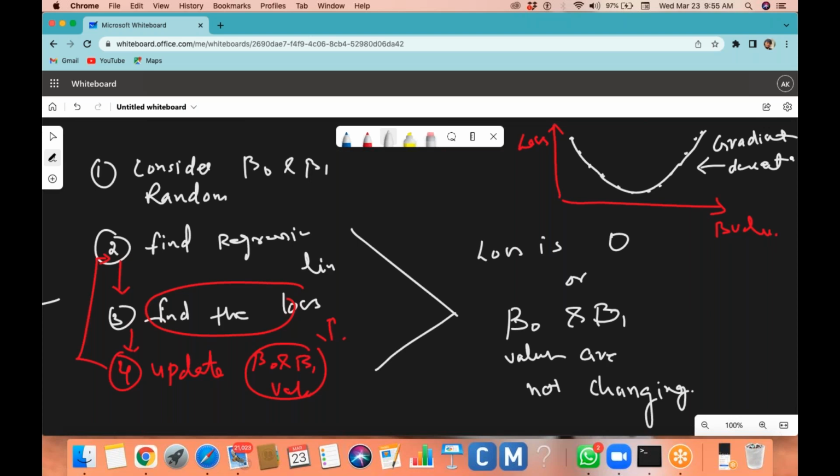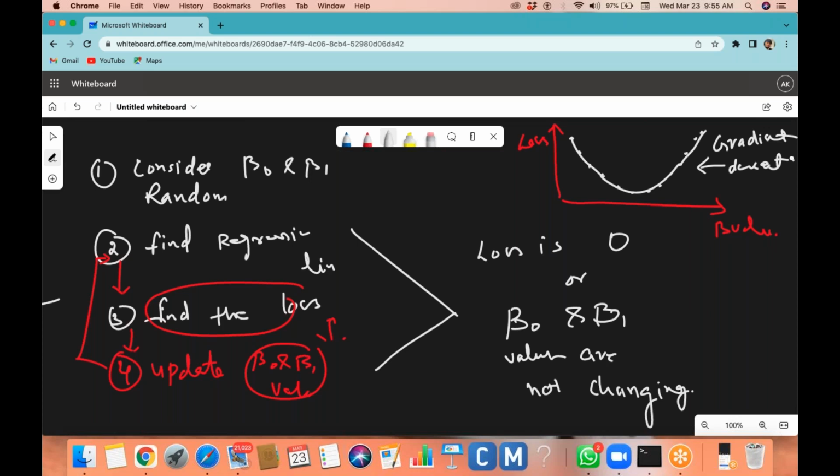You need to remember, guys, mainly simple linear regression or multiple linear regression works with this particular formula. Initially, we consider the beta naught and beta 1 values. After that, we find the regression line, and then we find the loss.